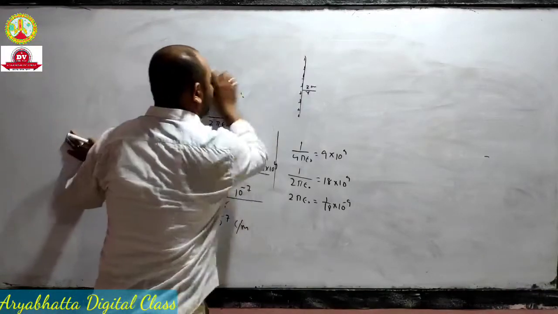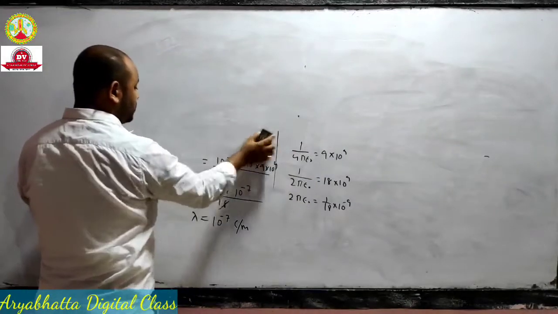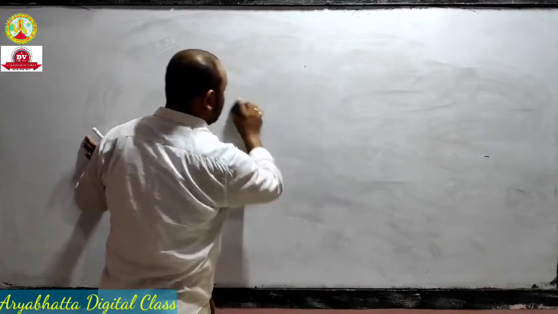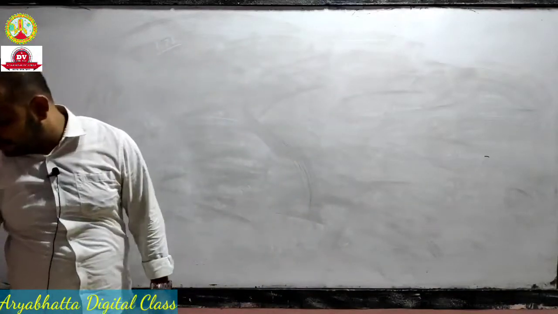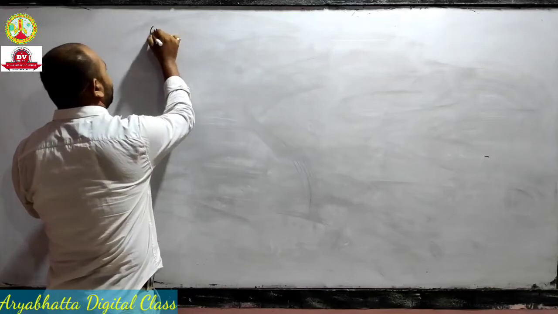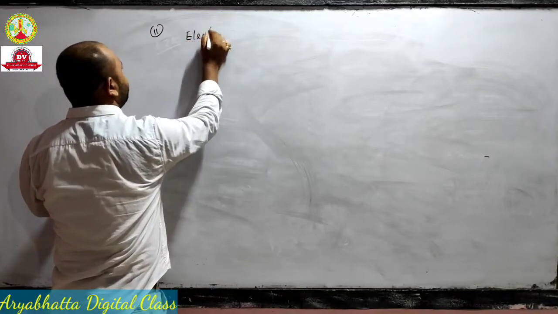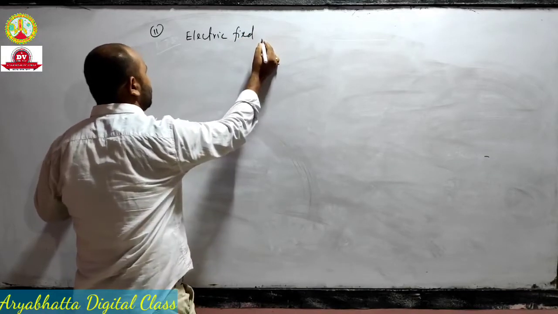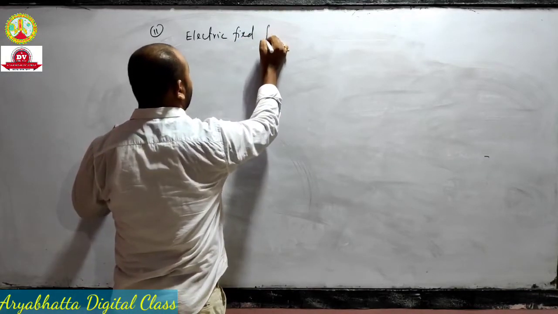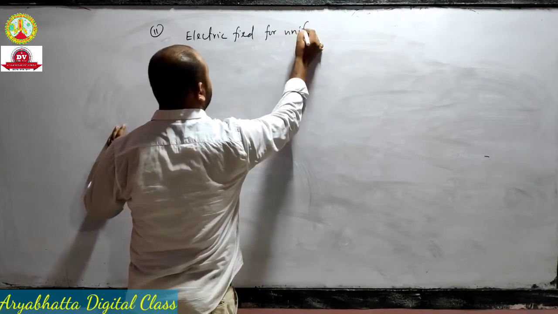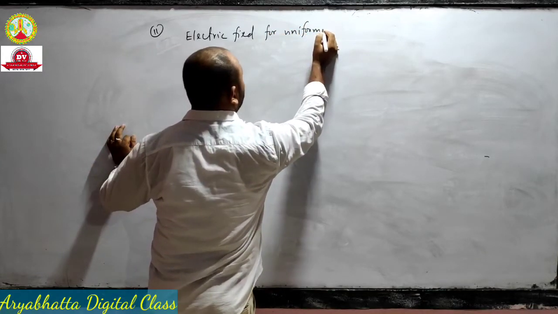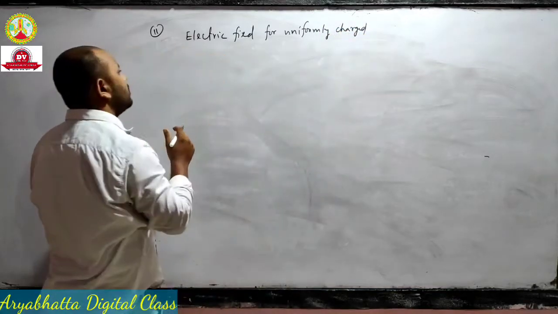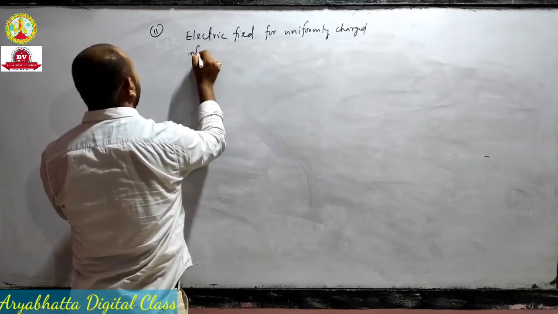Then we go for the next application, which is the electric field due to a uniformly charged infinite plane sheet. Application number 2: electric field for uniformly charged infinite plane sheet.